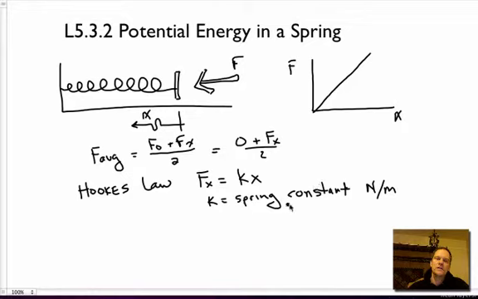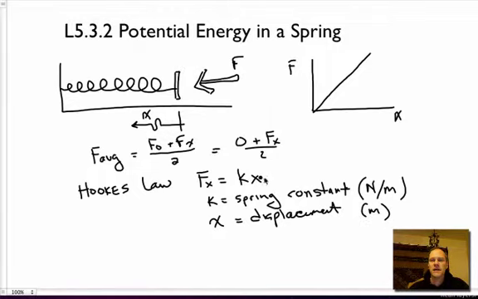So a large spring constant means it's a very stiff spring. A smaller number, then it's a more flexible spring. And this x then is the displacement of the spring, and that's in meters. And you can see if you multiply k newtons per meter times a meter, you're left with just newtons to give you that force.